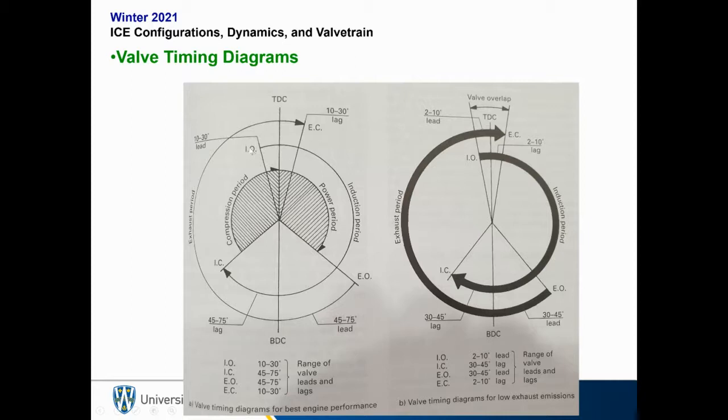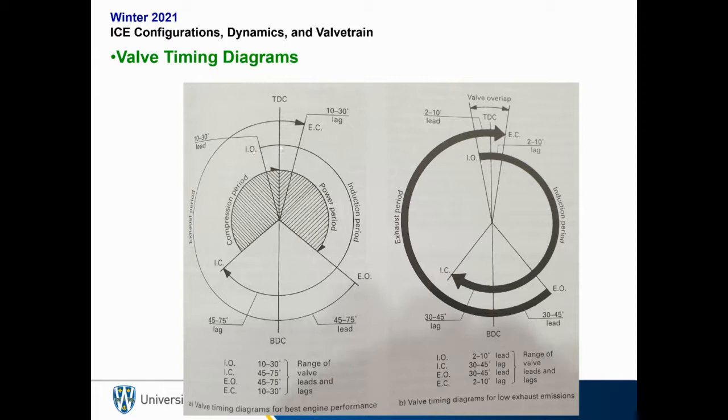The intake valve, IO, intake valve open, actually starts during the exhaust stroke. So you have something called valve overlap. You have a period where the intake valve is open and the exhaust valve is still open as well. And this is because you can't get necessarily everything out just during the exhaust stroke. You want to have some overlap to allow for more of the exhaust to escape. So we generally have this valve overlap.